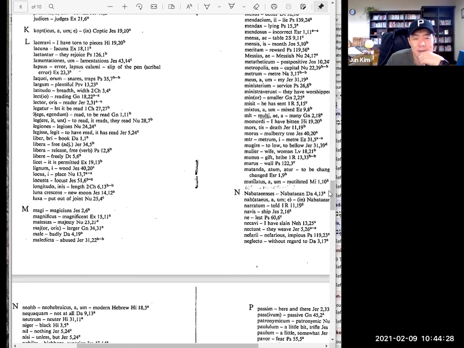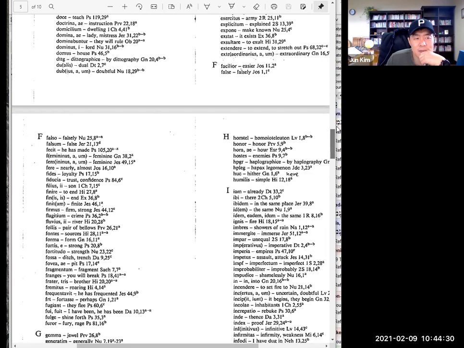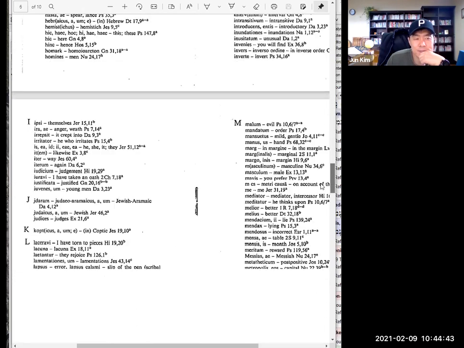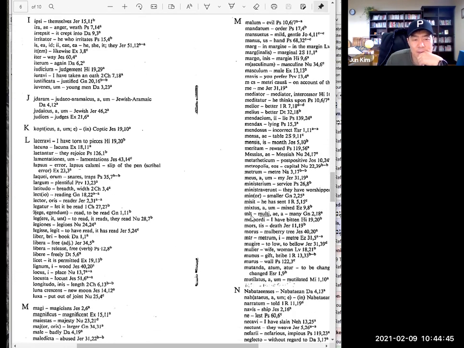C. C means see here. With. Read with MLT. MLT. Multi or many. All right.